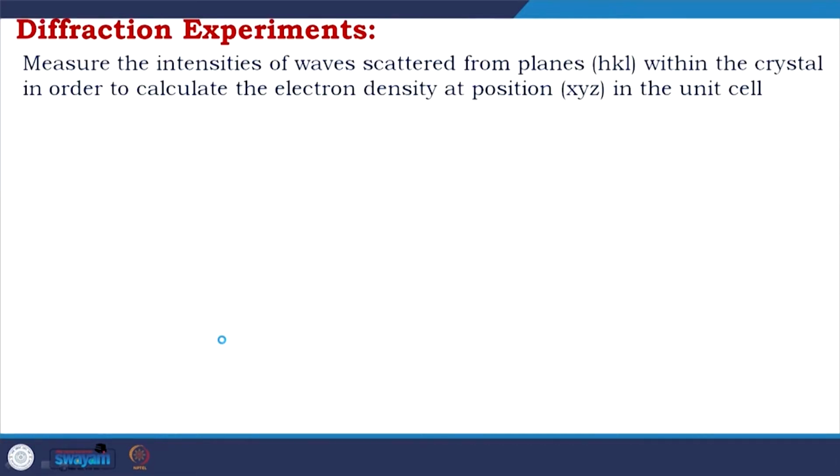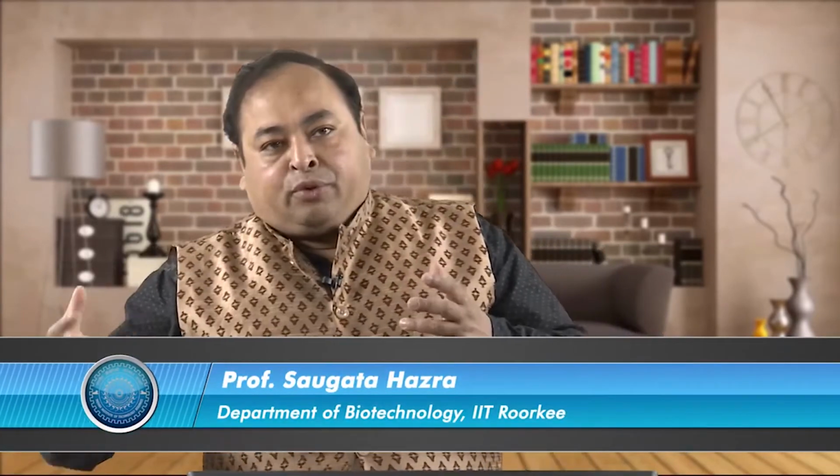So, if I go back a little bit and start where we discussed a lot, we clone a protein, purify a protein and get crystal. We have discussed a lot about that. So, we get the crystal and what do we do? We do diffraction experiment.